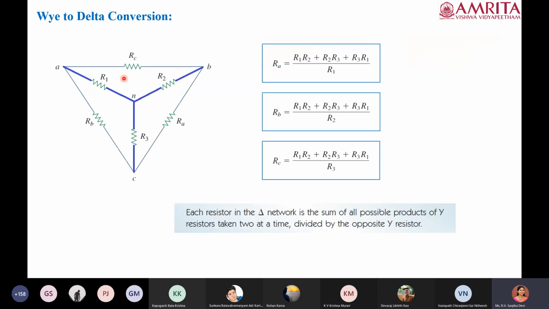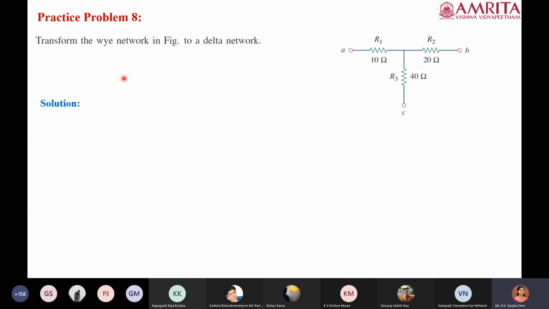So we will see the practice problem. Note down the first one.